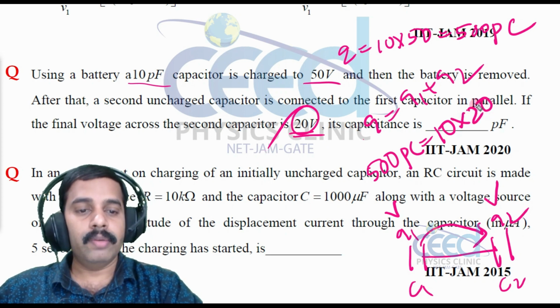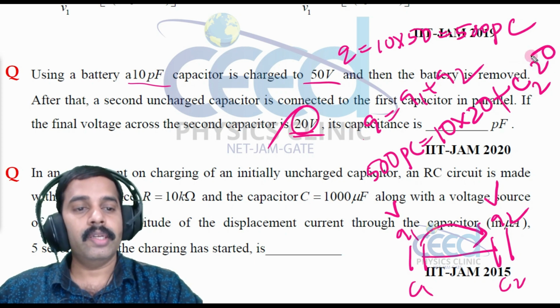So 10 into 20 plus the second capacitor, that value we don't have, and the potential should be the same, that is 20.